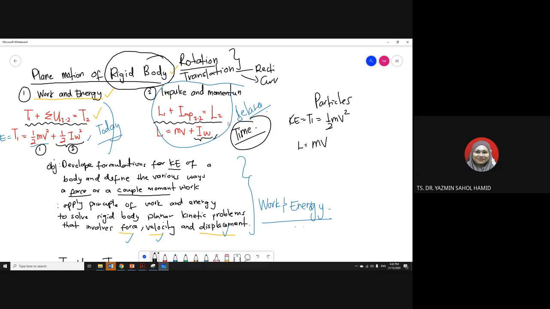So obviously when you hear that, you know that you need to use impulse and momentum. You cannot use work energy because in work energy there is no time. It has displacement. As long as you understand that, it's okay. Good. Now, we want to understand the concept first. Once you understand the concept, even if the question changes, you can do it.